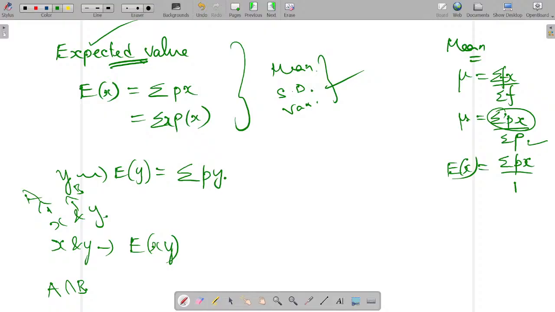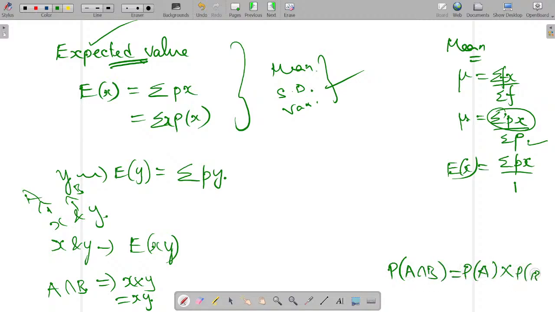So and means multiplication, so you write this as x into y, which is xy. And they are independent. What do you do? Probability of A intersection B for independent events, multiplication theorem, P of A into P of B. Simple. Similarly here, if they are independent, E of xy is E of x into E of y. Simple.